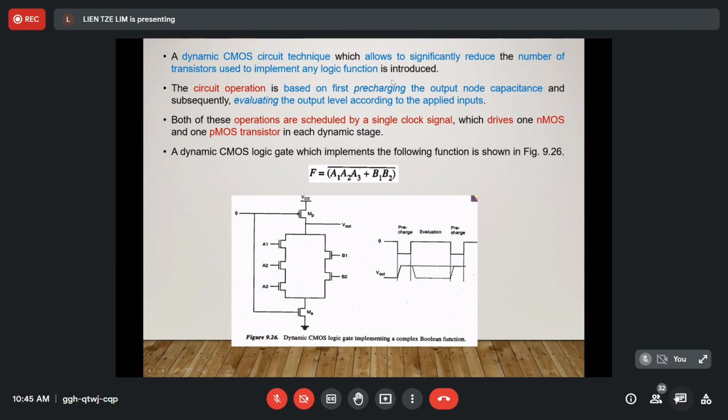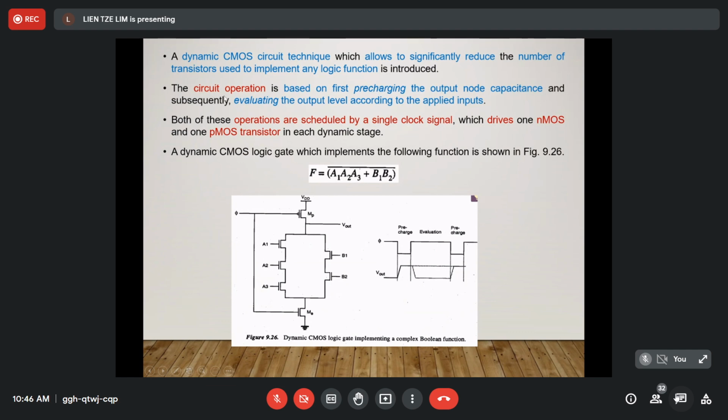Previously the circuit that I showed you is only a very simple circuit and structure, with only NMOS. But now with this dynamic CMOS circuit, the next few slides that I'm going to cover are to implement the complex Boolean function.